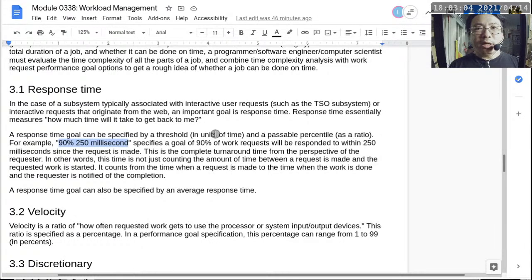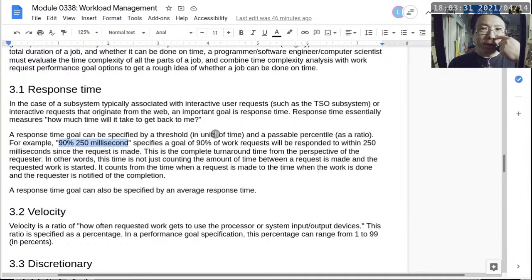In this case, we have a percentile of 90% and an actual threshold of 250 milliseconds, which is 1/4 of a second. So what this is saying is, to meet the performance goal, 90% of the work requests must be done within 1/4 of a second. That's one way you can specify a response time performance goal.